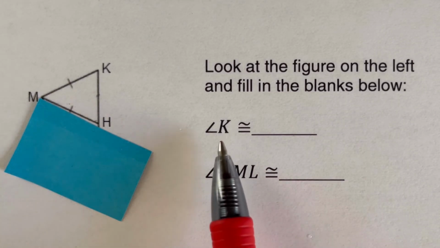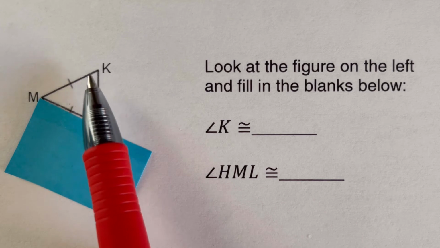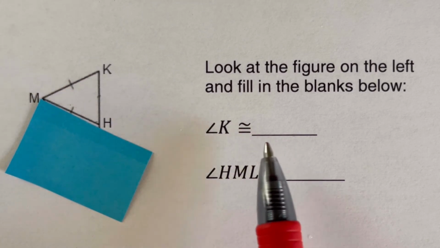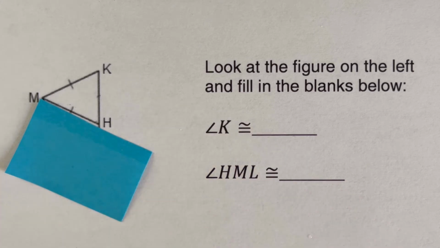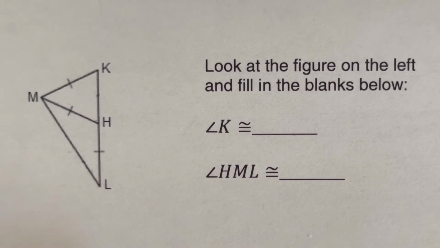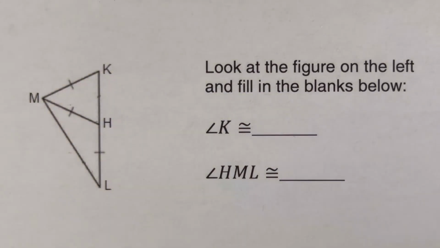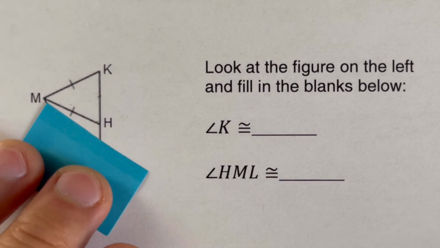So we have angle K, that corner right there. Angle K is congruent to angle blank. We need to figure out what this blank is. If we don't cover this, we get overwhelmed, like which of these angles are we going to pick? So again, we cover one isosceles triangle from the other.